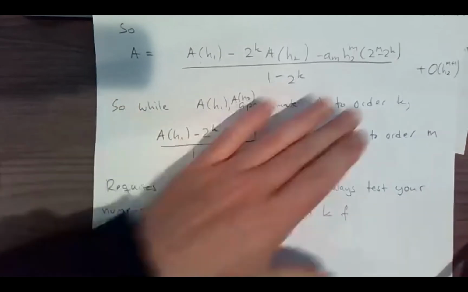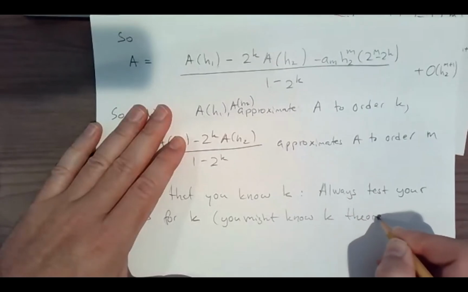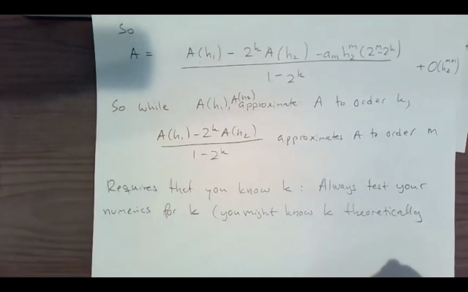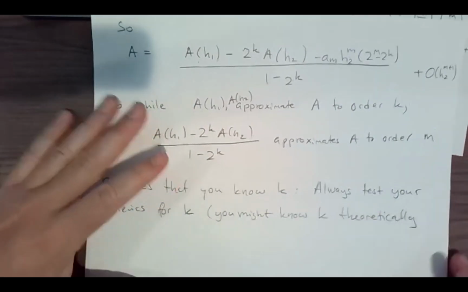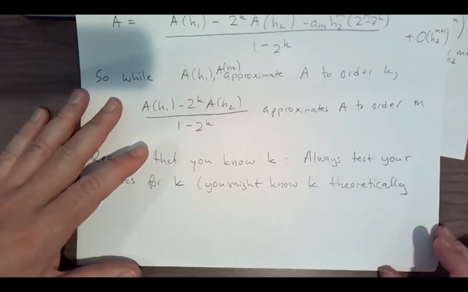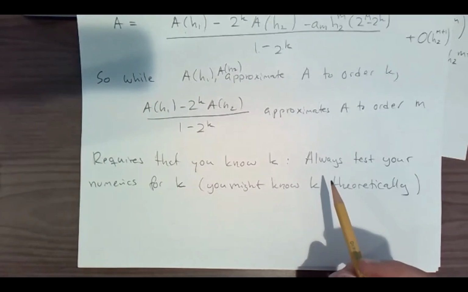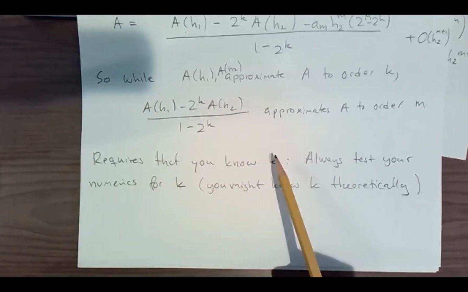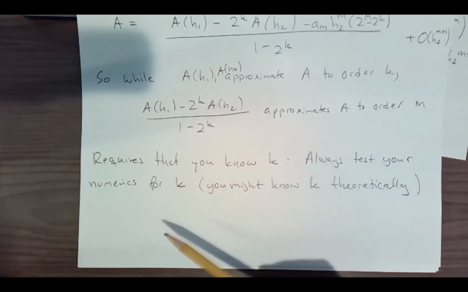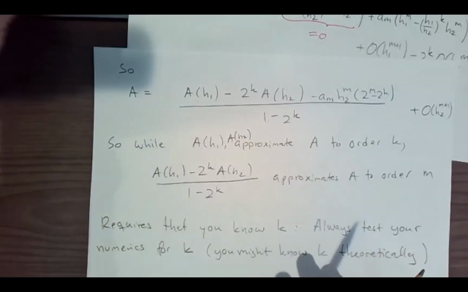You might know k theoretically, like for the implicit and explicit method and for the trapezoidal method, you know k theoretically, but that's done under a bunch of assumptions, and these assumptions may or may not be true for the particular problem you're looking at. So you should always try to figure out what k is in your numerics. And so how do you do that? And that's the second part of the Richardson scheme.